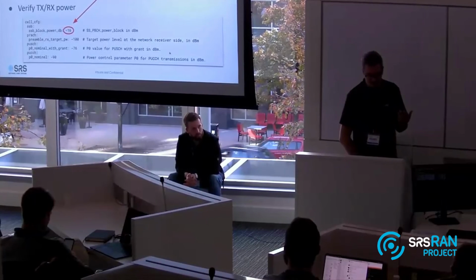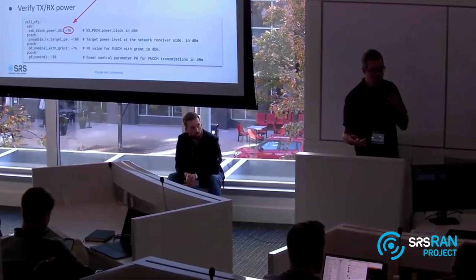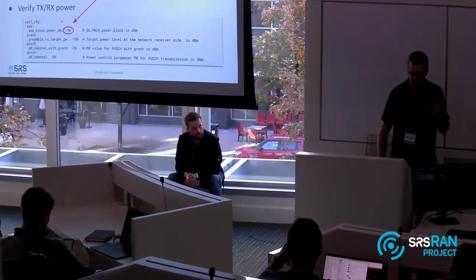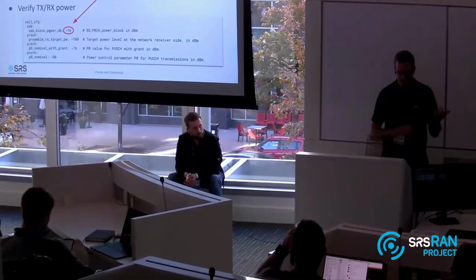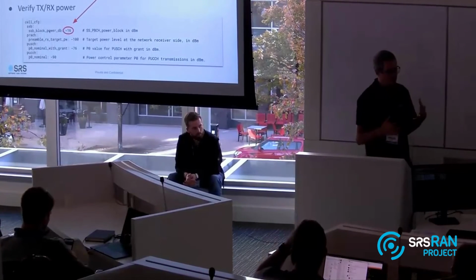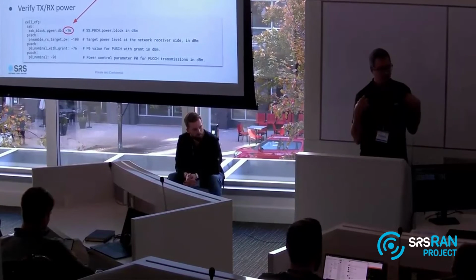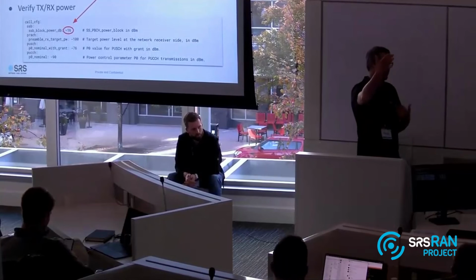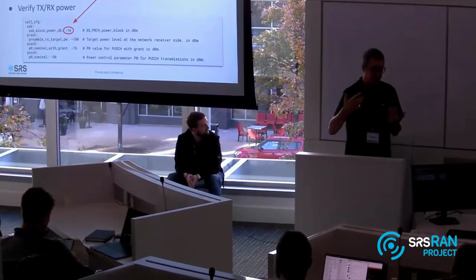powers. So the way open loop power control works in NR is that the gNB broadcasts on SIB the SSB block power. The UE measures the power that it receives, and based on what we say that we transmit, calculates the path loss.